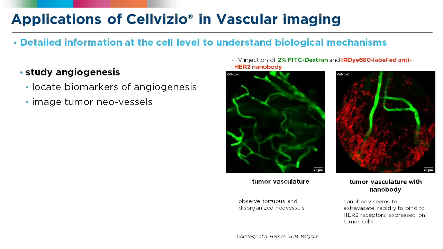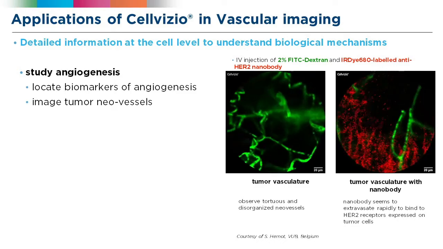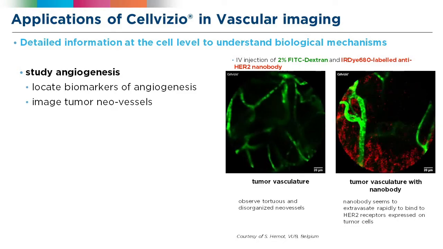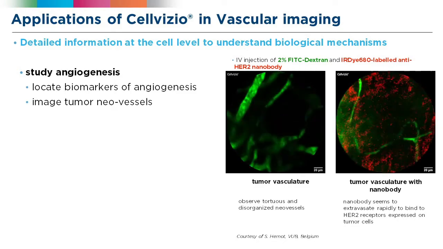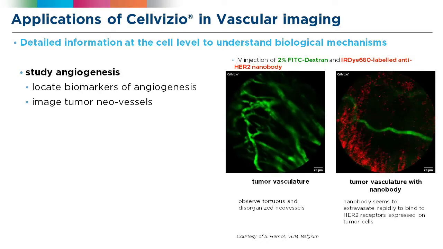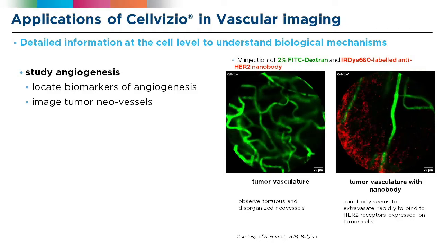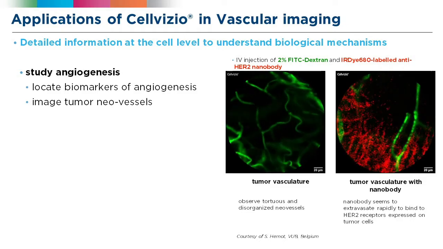The second example is on the left, the tumor neovessels, highlighted again with the FITC-dextran injected through IV. And you see those tumor vessels that are very disorganized and very small and tortuous.